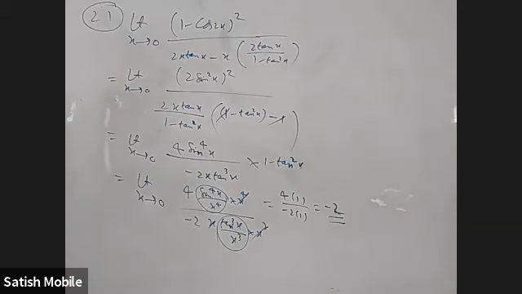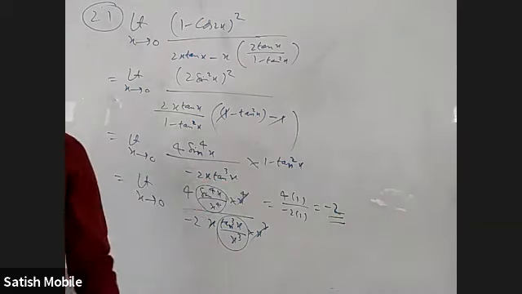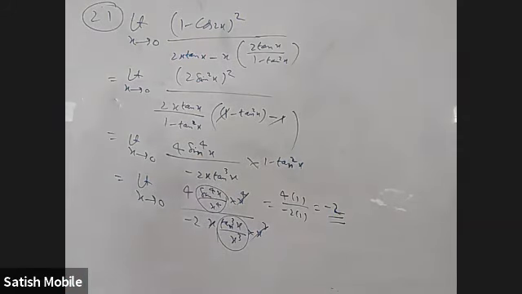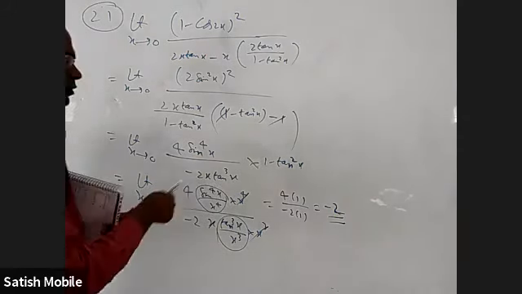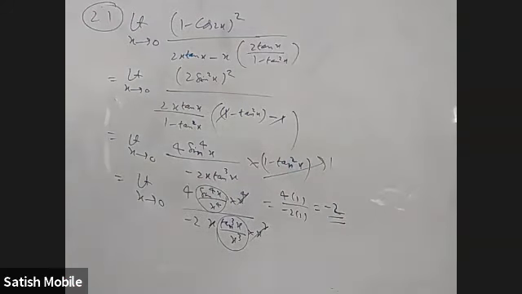Any problem? 1 minus tan square is 1 minus 0, 1. I did not write it. This part will become 1. Okay.